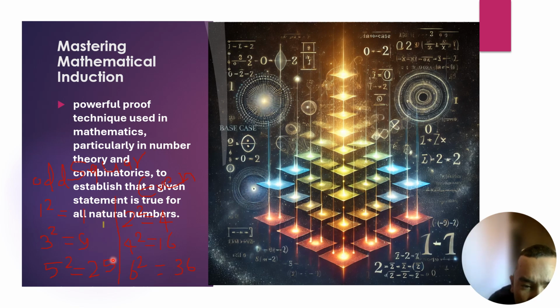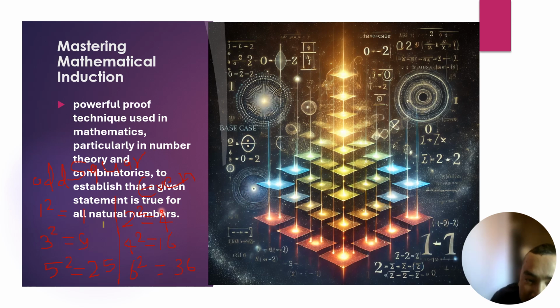Likewise, we are generalizing this concept. We have got that the square of an odd number is also odd. Likewise, for even numbers, 2 square equals 4, 4 square equals 16, 6 square equals 36. After 6, the next even number is 8, and 8 square is 64, which is also even.